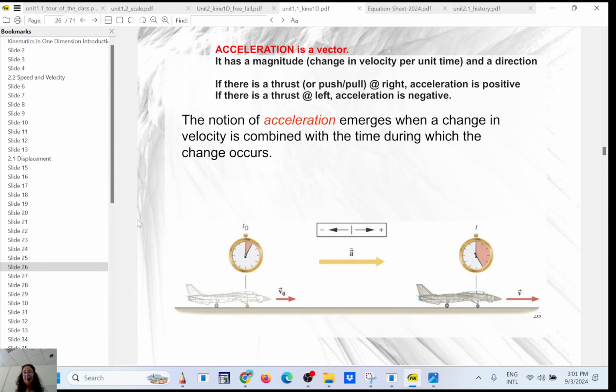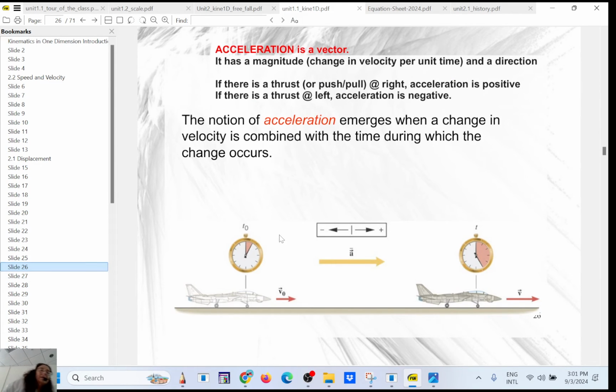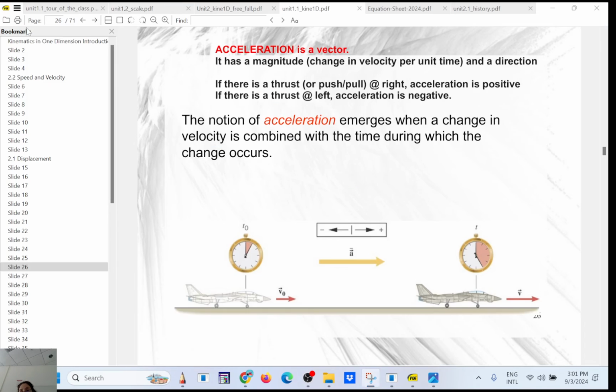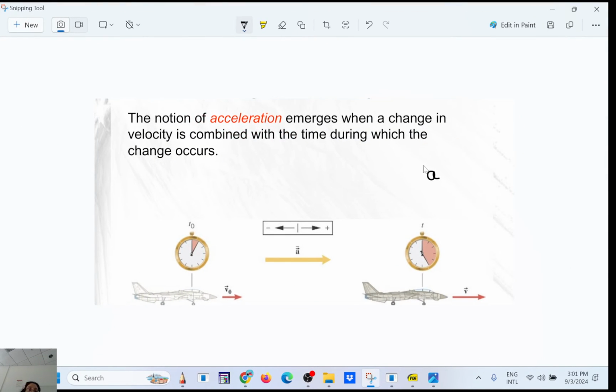So definition of acceleration. I don't know, my slide is gone again. Acceleration, the average acceleration. Okay, so acceleration is a vector because it has a direction. Average will be, by definition, the change in velocity over the time elapsed.